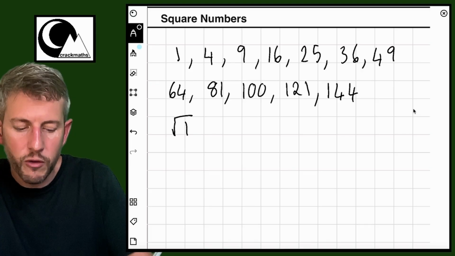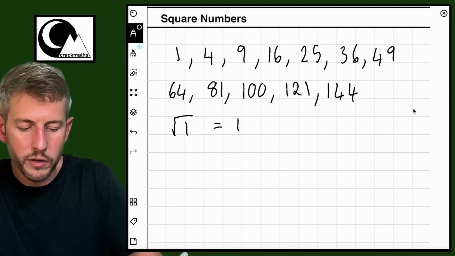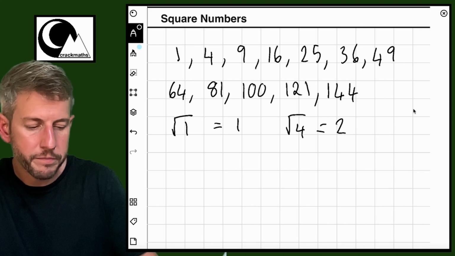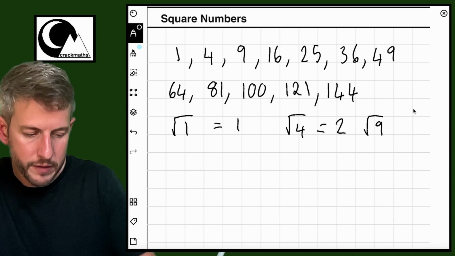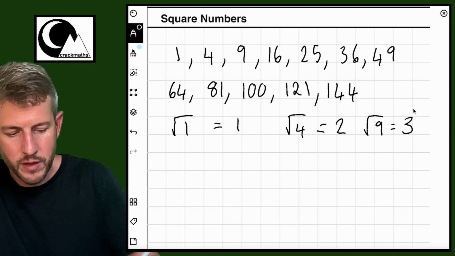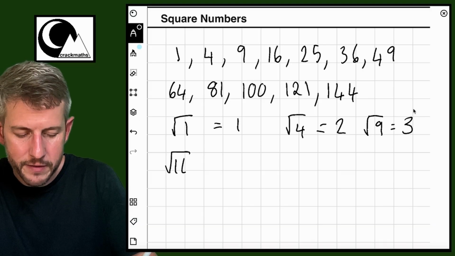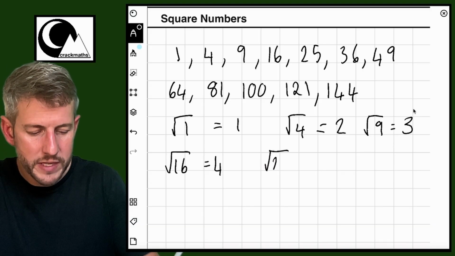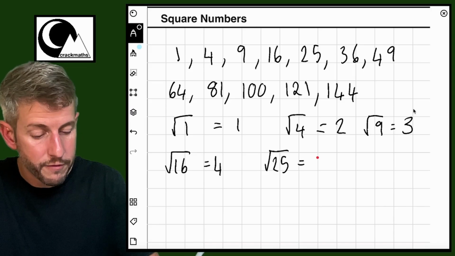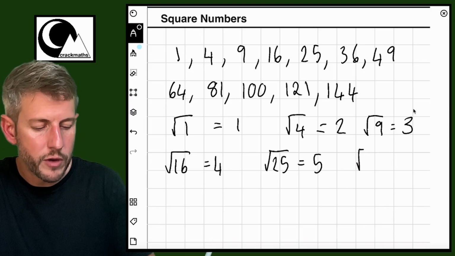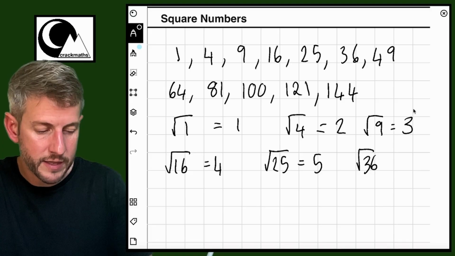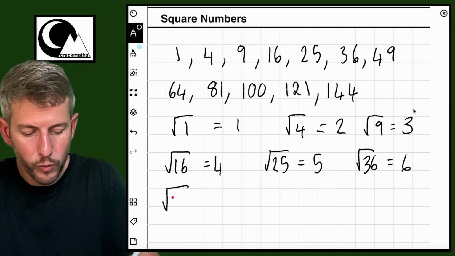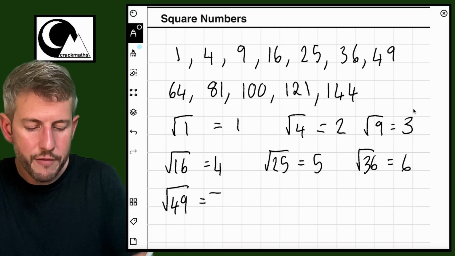So the square root of 1 equals 1. The square root of 4 equals 2. The square root of 9 equals 3. The square root of 16 equals 4. The square root of 25 equals 5. The square root of 36 equals 6. The square root of 49 equals 7.